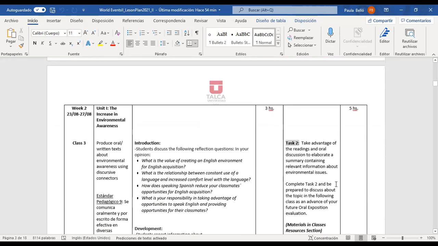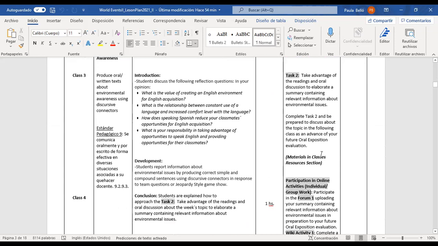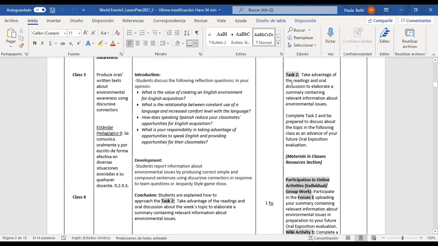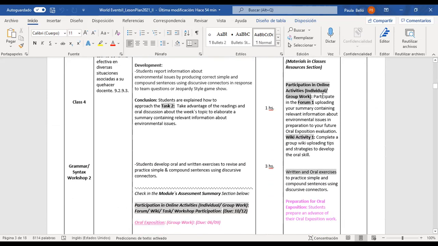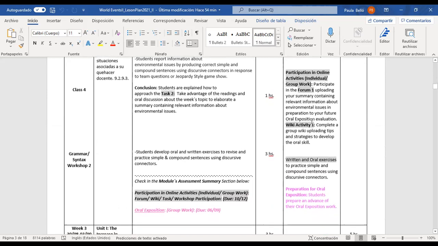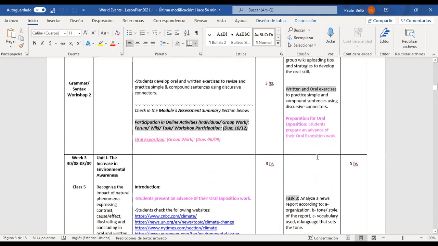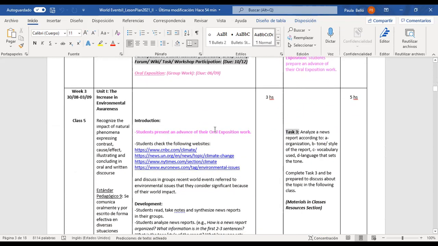Along this unit, you will prepare this outline. You will elaborate a summary, and that is a forum. You will receive comments. Then you keep on preparing and you give your advances. So all the time you're connected with that evaluation item.